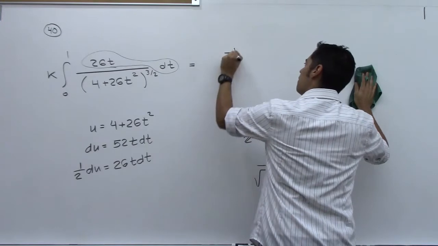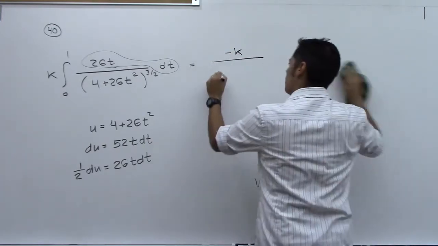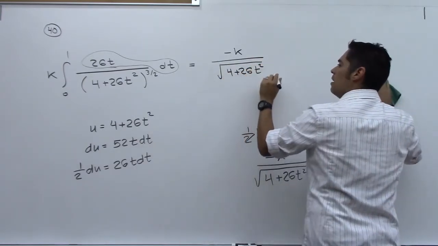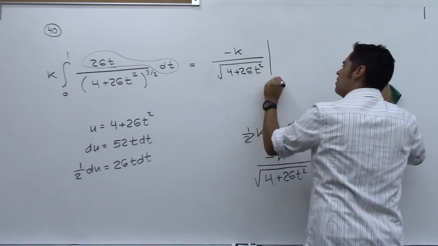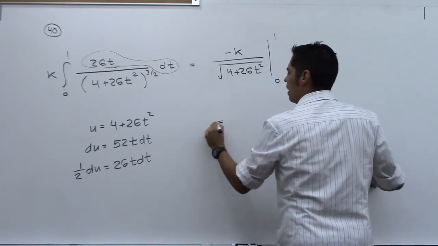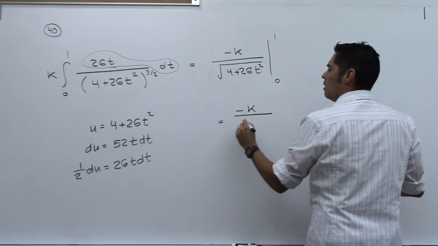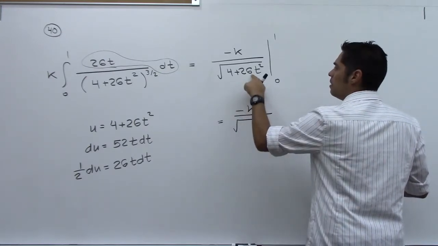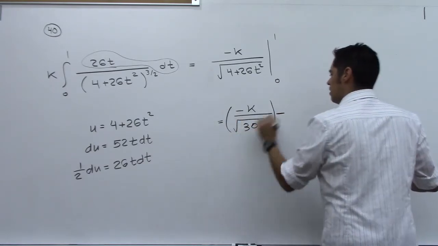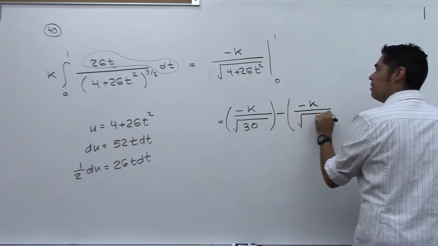So this is going to become equal to negative k over the square root of 4 plus 26t squared, evaluated from 0 to 1. So when I plug in 1, I get negative k over the square root of 30, minus, and then when I plug in 0, I get negative k over the square root of 4.